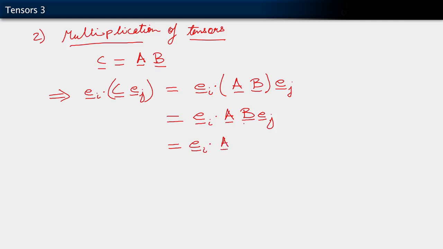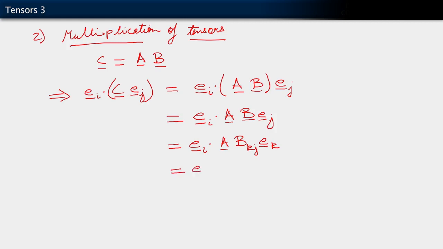Now we recognize that B EJ is a vector itself. Following our convention that we've already established, we write that as B KJ E sub k. That's how we're writing B EJ.